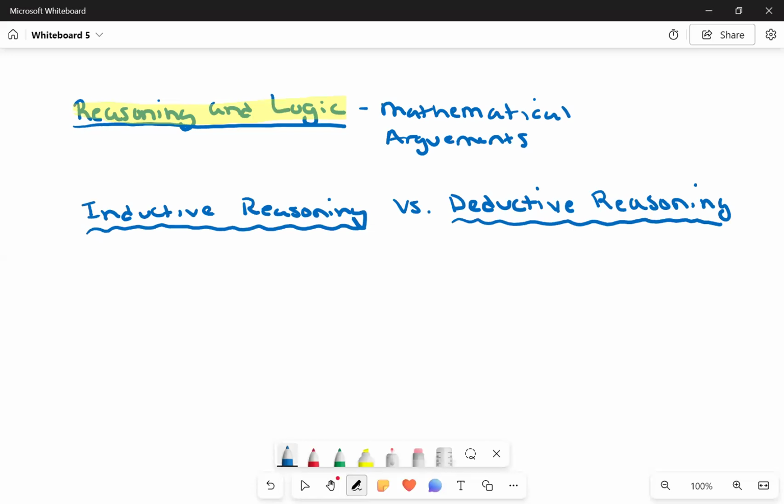All right. There's two real basic tracks of reasoning. There's inductive reasoning and deductive reasoning. Inductive reasoning is the idea that we form conclusions based on examples or data or patterns.